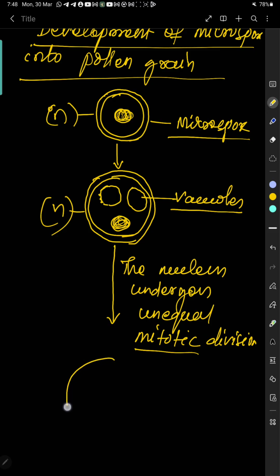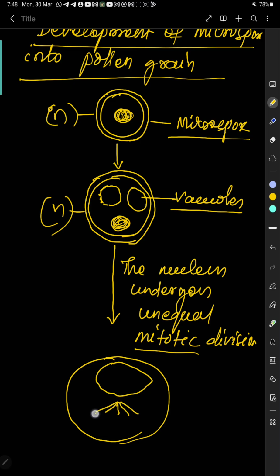So here asymmetric spindles are formed. You know that during cell division, the spindle fibers are formed to hold the chromosomes.